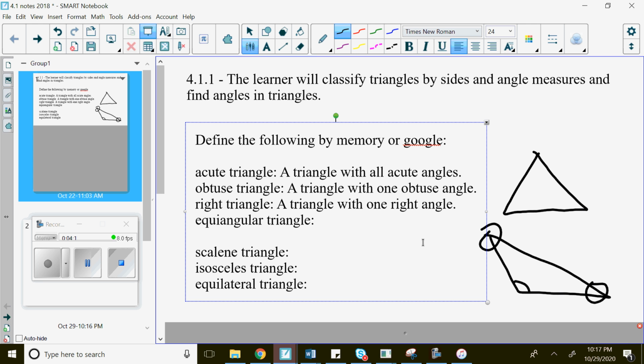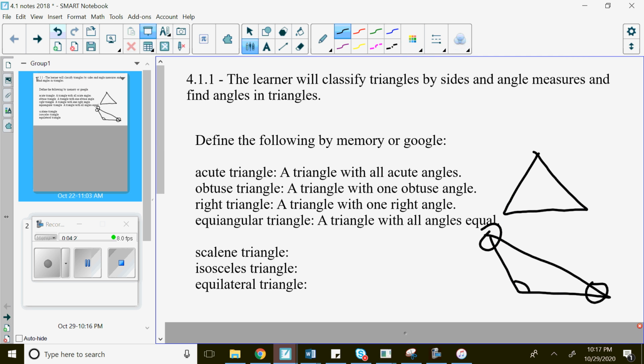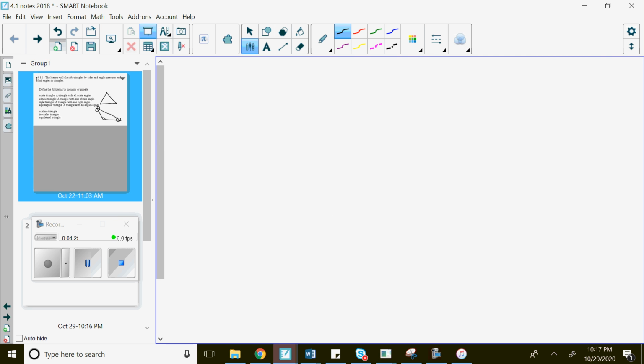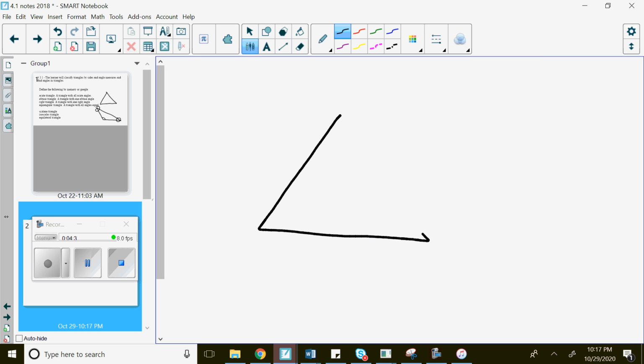An equiangular triangle, it's not as common to call a triangle equiangular as it is equilateral, but an equiangular triangle is a triangle with all angles equal. And as it turns out, a triangle that's equiangular will also be equilateral, and we'll get to equilateral in a minute, but they're all going to be the same angle, so it's acute.